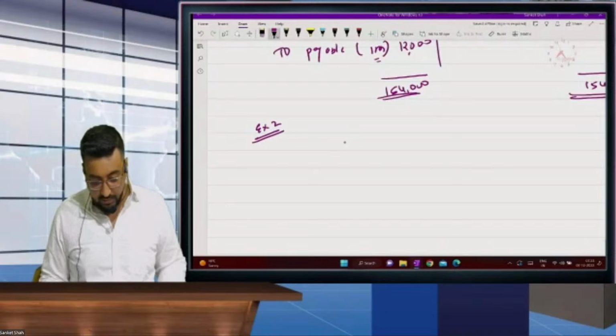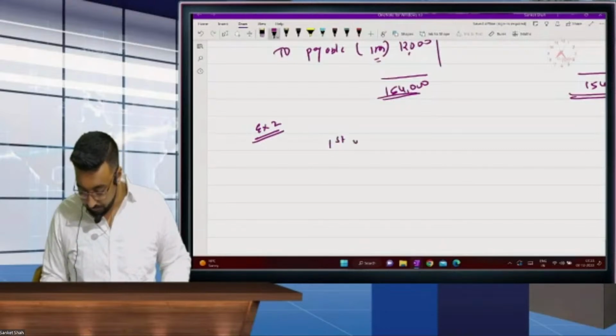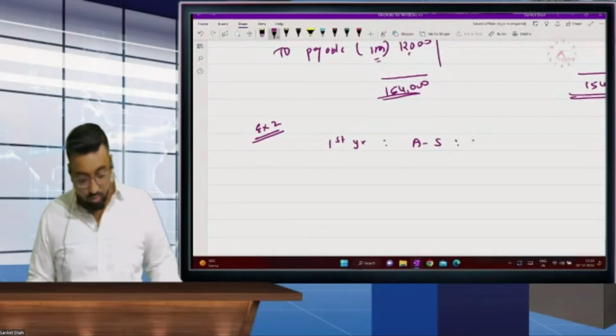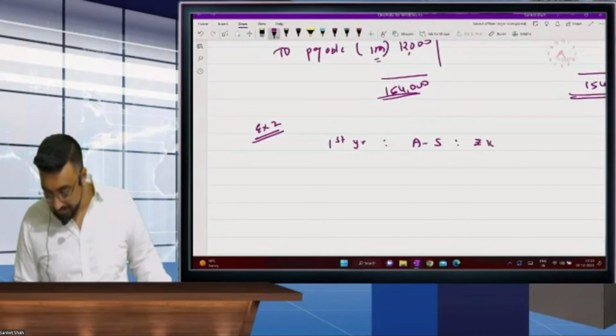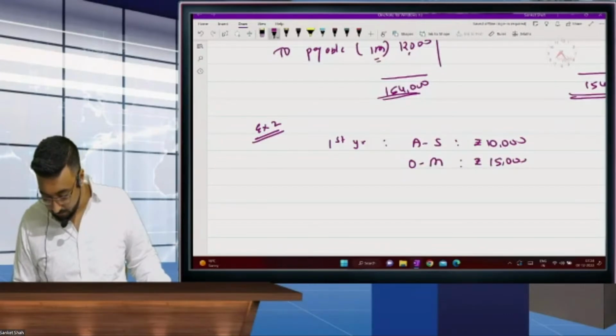Now for 3 years. First year, April to September, rupees 10,000. October to March, rupees 15,000. Second year, today we will write only basic concepts.